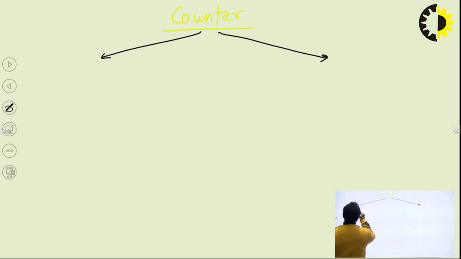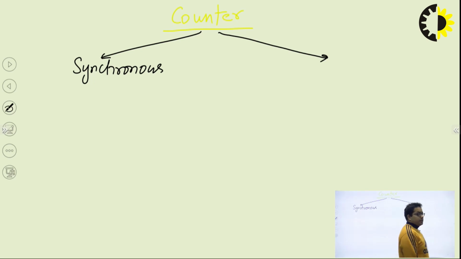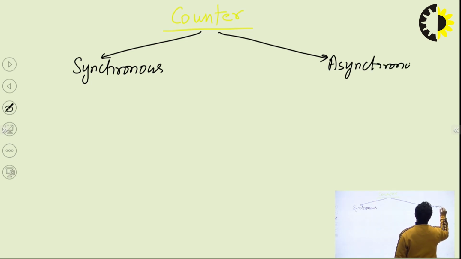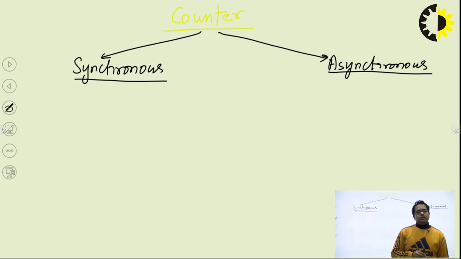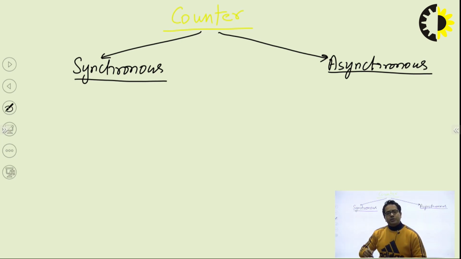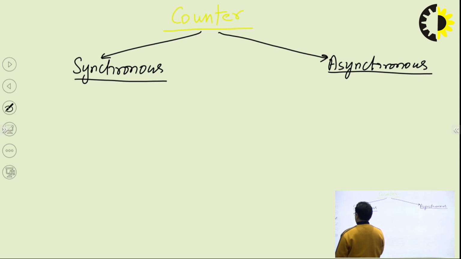This can also be asked in your exam, like what is a synchronous or asynchronous counter. Similarly, it can be asked in the form of points of differentiation. Now, in the synchronous counter, the same clock pulse is applied to all the flip-flops. That is the first point of differentiation.